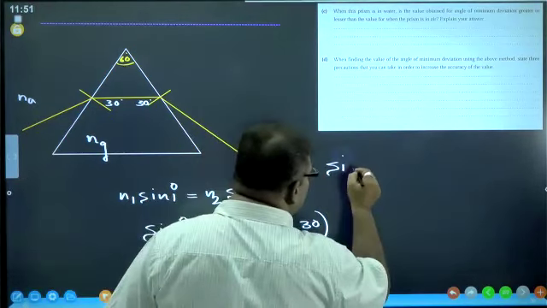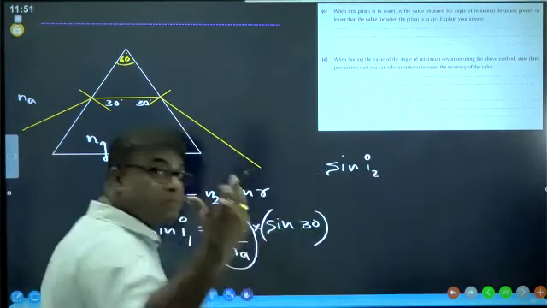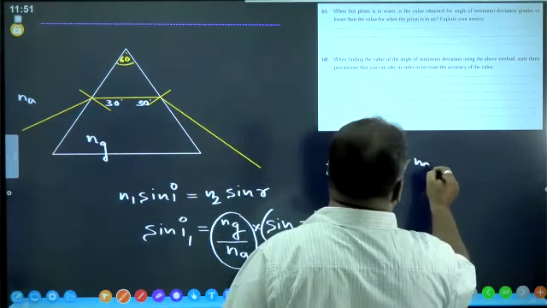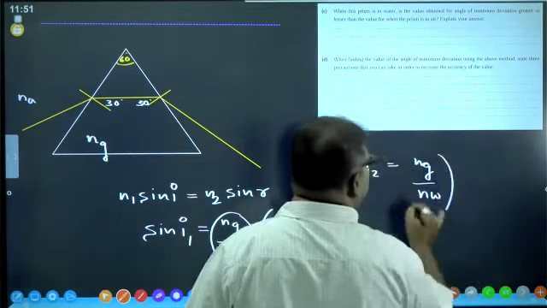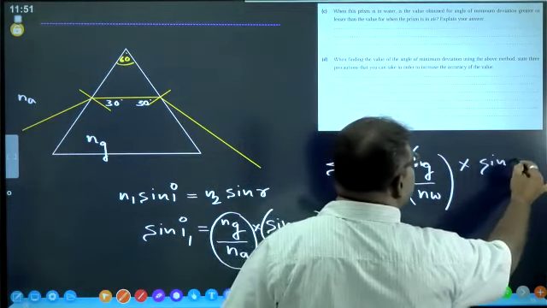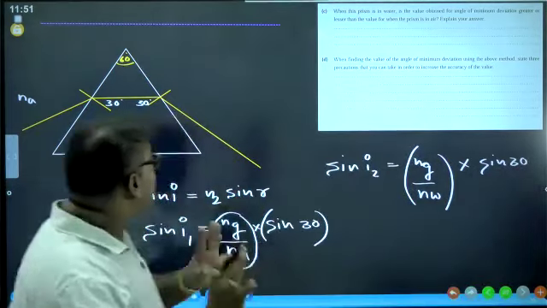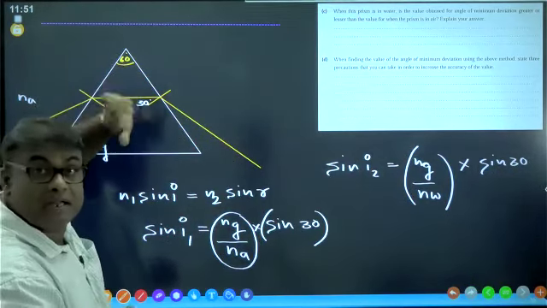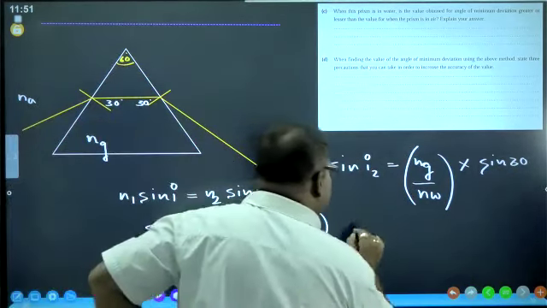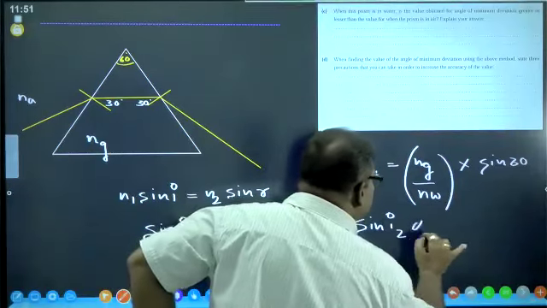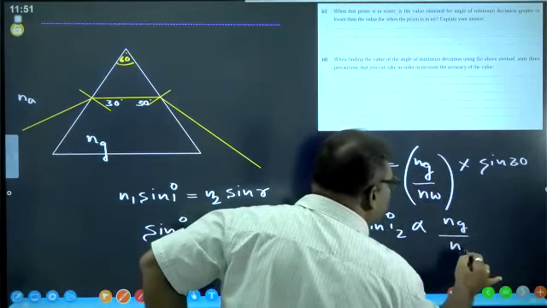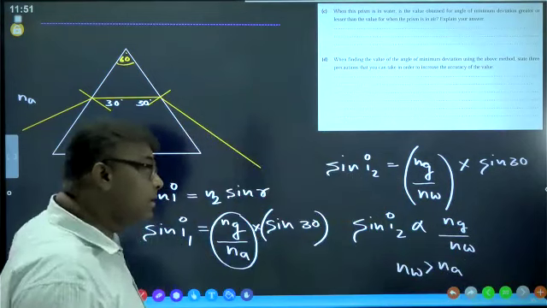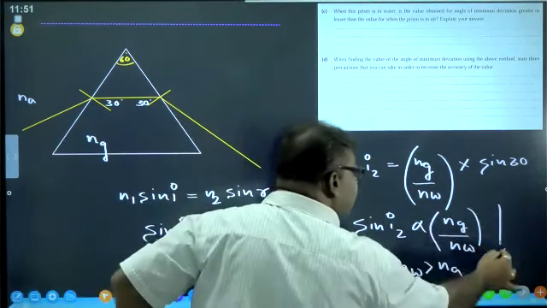When we have sin I2, which means when the prism is lied in water, here we have Ng over Nw, that's it. And sin 30 would be the same, no? It doesn't change. Under any condition at the minimum deviation angle, this could be 30, 30, right? Equal values. Then you can see sin I2 is directly proportional to Ng over Nw. As Nw is greater than N air which is 1, this ratio is a lesser value.